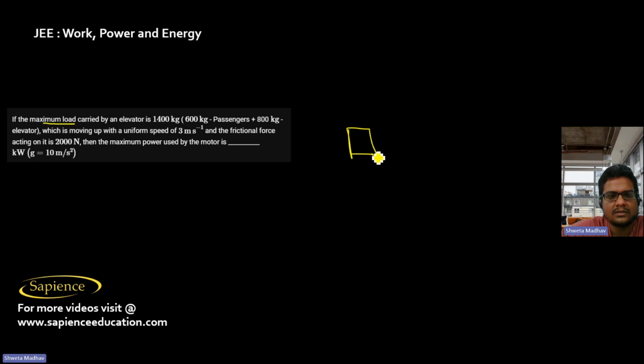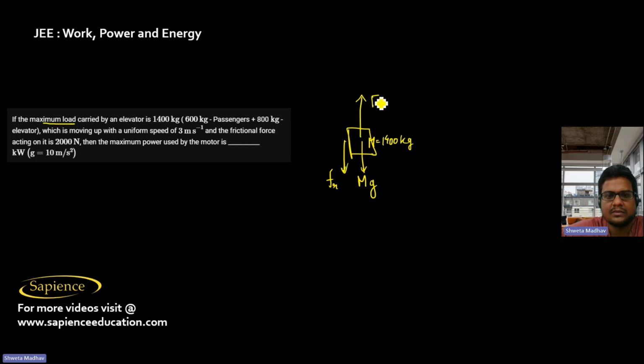So the elevator is going up with a uniform speed, and its mass is 1400 kg. So the weight acting downwards is mg, and the frictional force is also acting vertically downwards since it is going upwards.